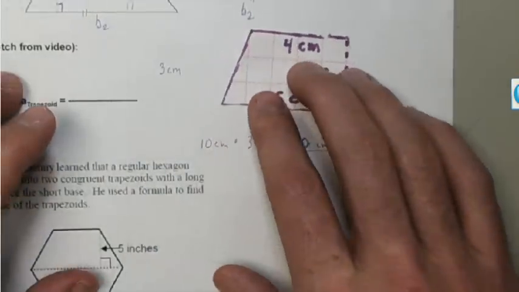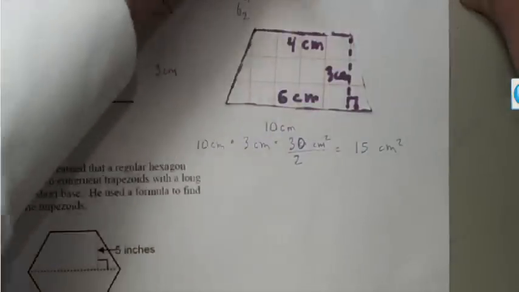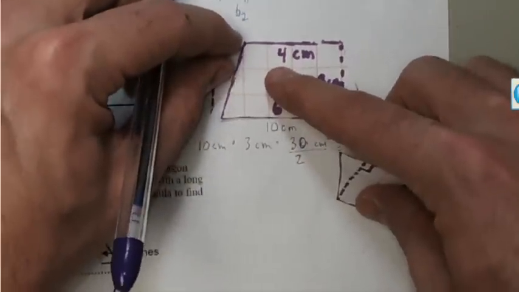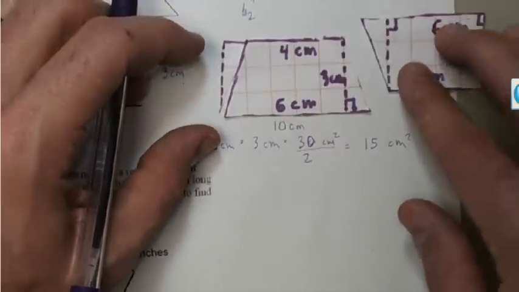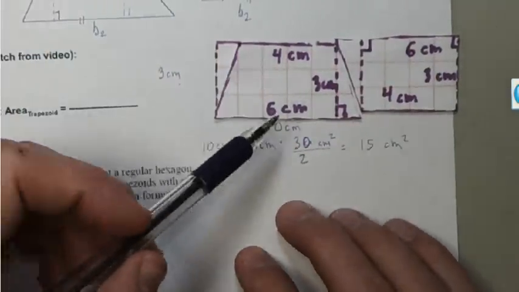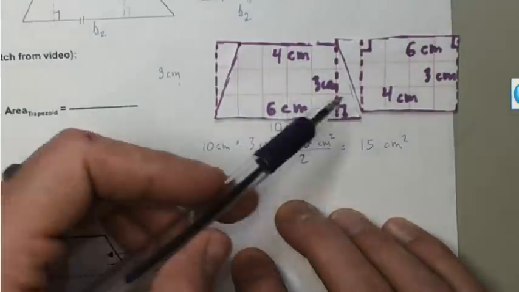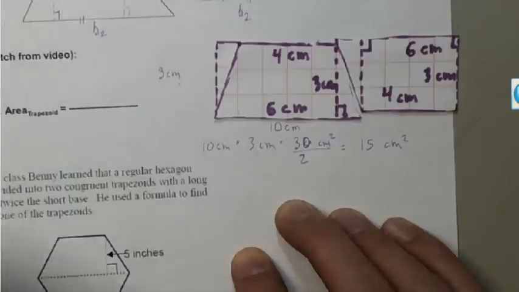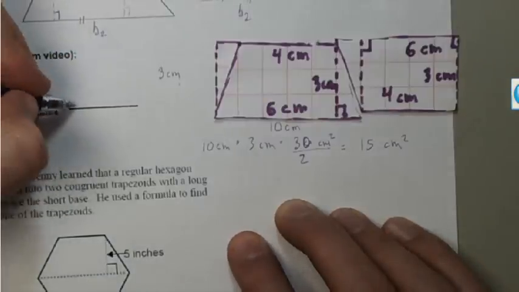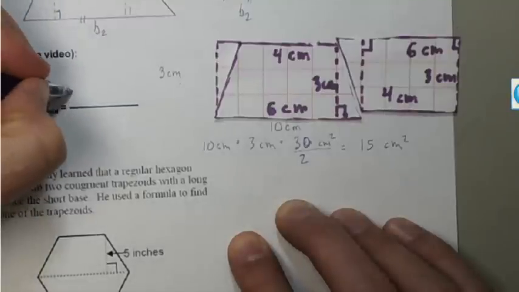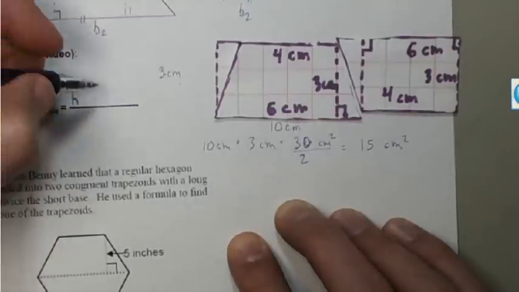Okay, so what I'm finding out is I can just take both bases, add them together to get 10, and then multiply by the height, and then divide by 2, and I can find the area of any trapezoid. So, come over here, and the area for the trapezoid, just fill this in, it's height. Remember, we did the height, which was 3 right here, and we multiplied it.